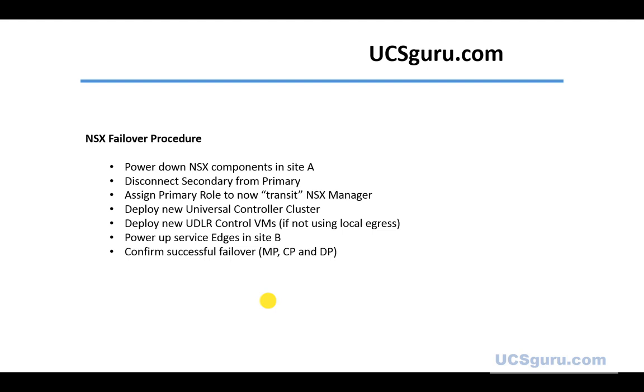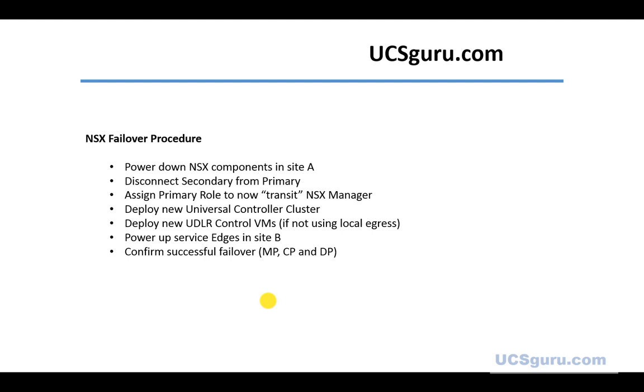So again, I've mentioned we're not using local egress, so I'll have to facilitate moving that fella across. And then we'll power up our load balancer edges, or our edge in this case, in site B. So again, that's the standalone edge that's providing some load balancing services. And then we'll do some successful failover testing.